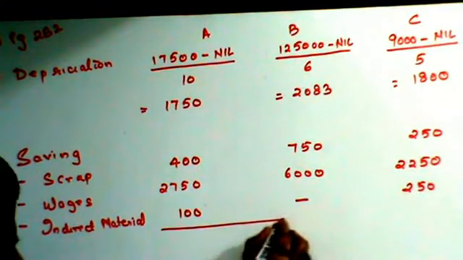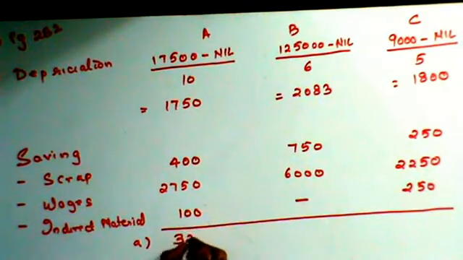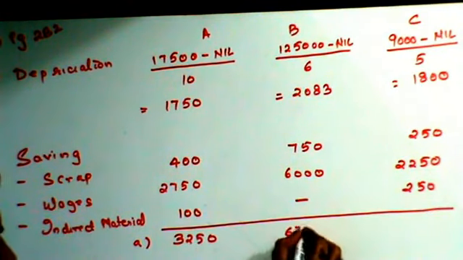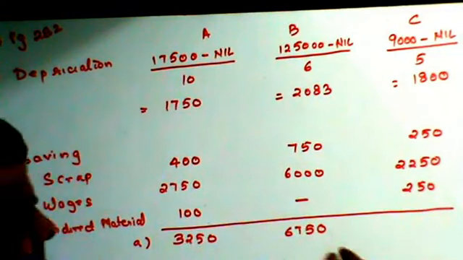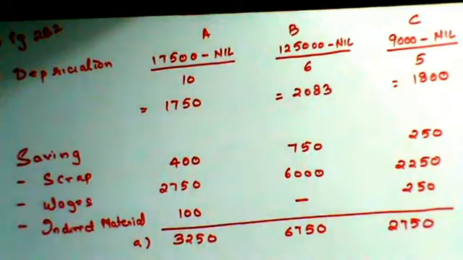Therefore, your total savings is going to be equal to 2750 plus 500, that is 3250. This is 6750. This is 2250 plus 500, 2750. Right? Next, additional cost.